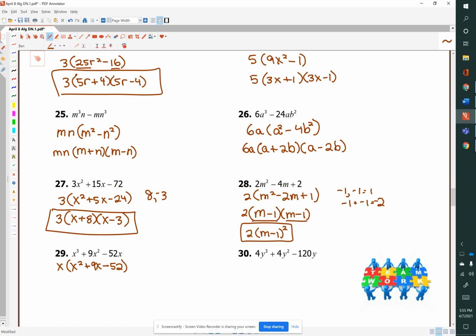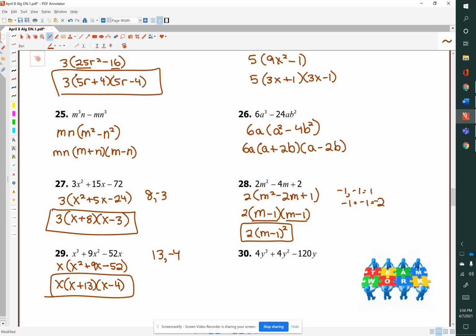So you know we're going to need a positive and a negative. I know that 52 divided by 13 is 4. So if I take 13 and 4 and make the 4 negative, 13 minus 4 is 9, and 13 times negative 4 is negative 52. So x times the quantity x plus 13 and the quantity x minus 4 is a final answer.